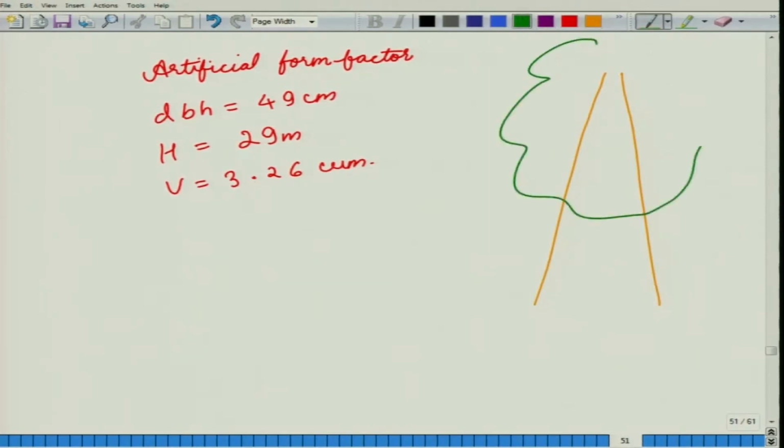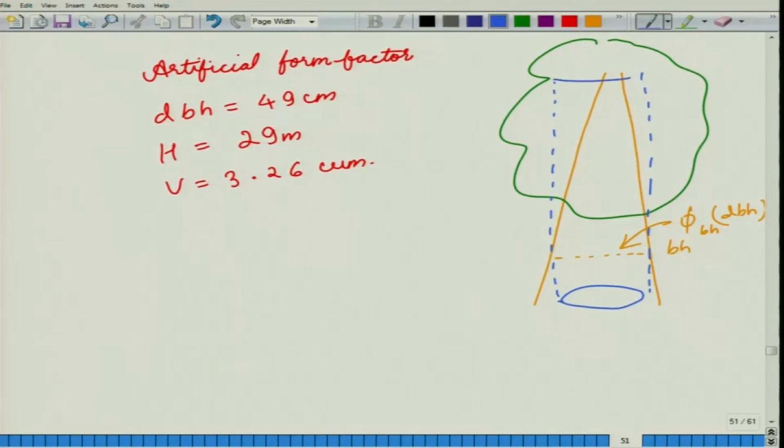We consider this tree, we consider the breast height. You know the diameter at breast height or the dBH. At this point we draw a cylinder with diameter equal to dBH and height equal to the height of the tree, and the artificial form factor would be the volume of the tree divided by the volume of the cylinder.